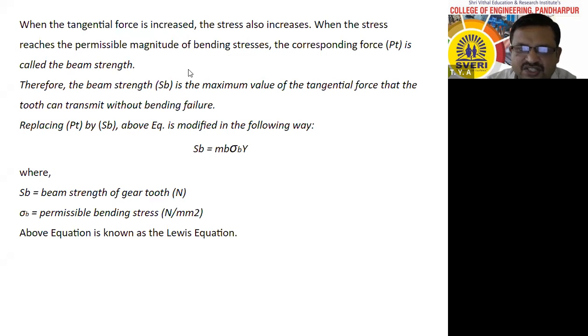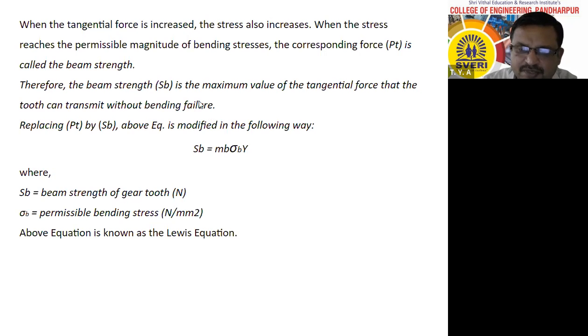That is, when the stress reaches the permissible or maximum magnitude, that maximum tangential force is called the beam strength. Why is it called beam strength? Because we have considered the gear tooth as a cantilever beam. Therefore, that strength of the gear tooth is the beam strength.